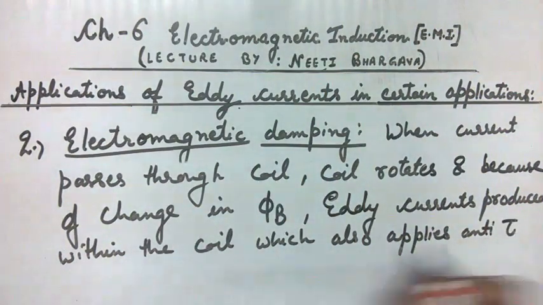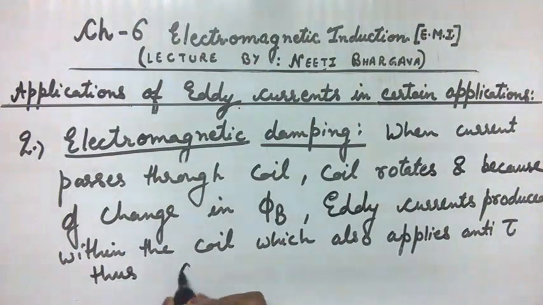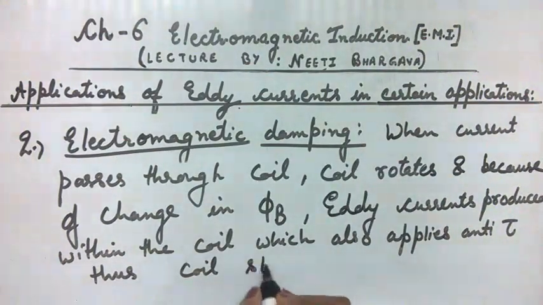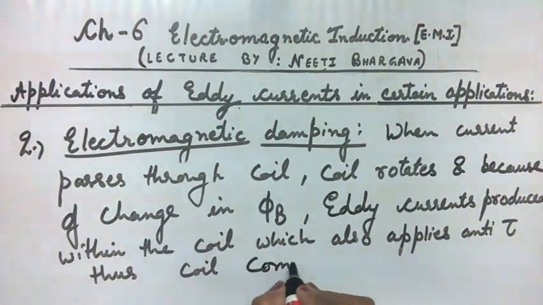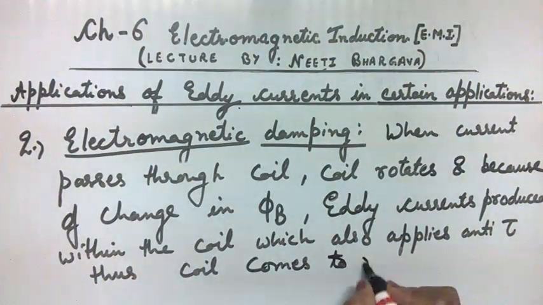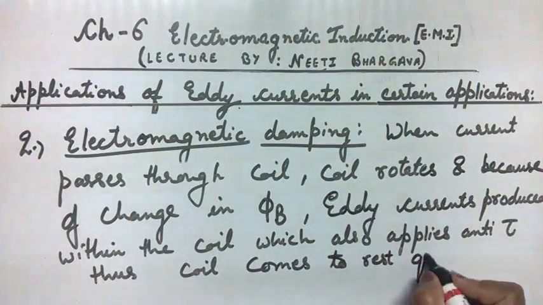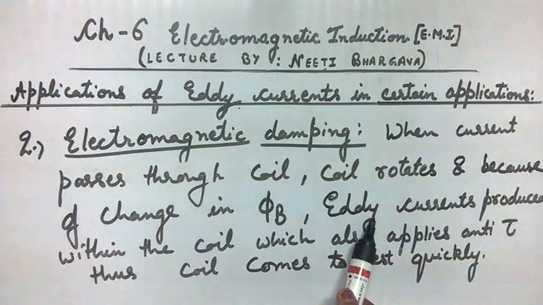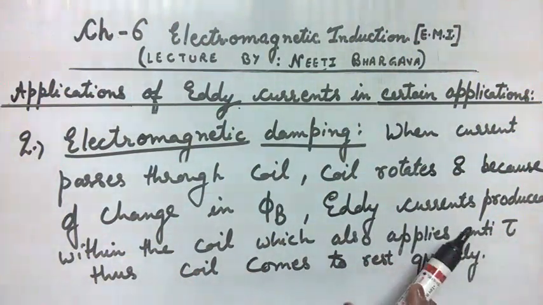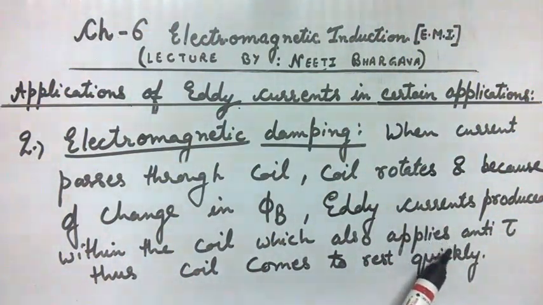Thus, the coil stops quickly. And because of these eddy currents, the galvanometer is said to be a deadbeat galvanometer.